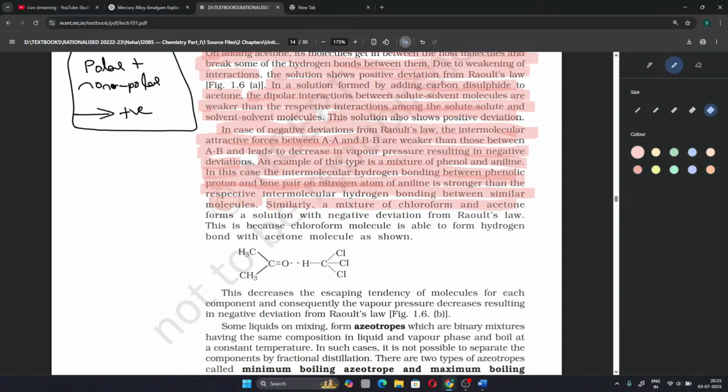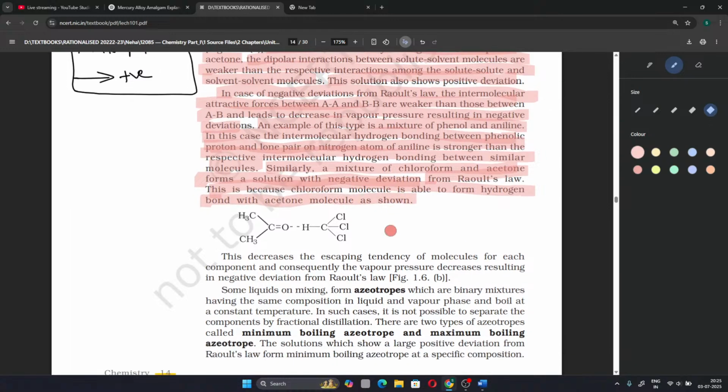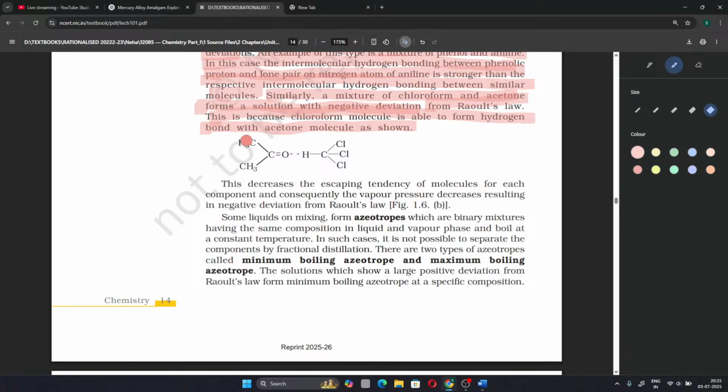Similarly, a mixture of chloroform and acetone forms a solution with negative deviation from Raoult's law. This is because chloroform molecules are able to form hydrogen bonds with acetone molecules, as shown. Basically, chloroform can form hydrogen bonding with acetone molecules like this.